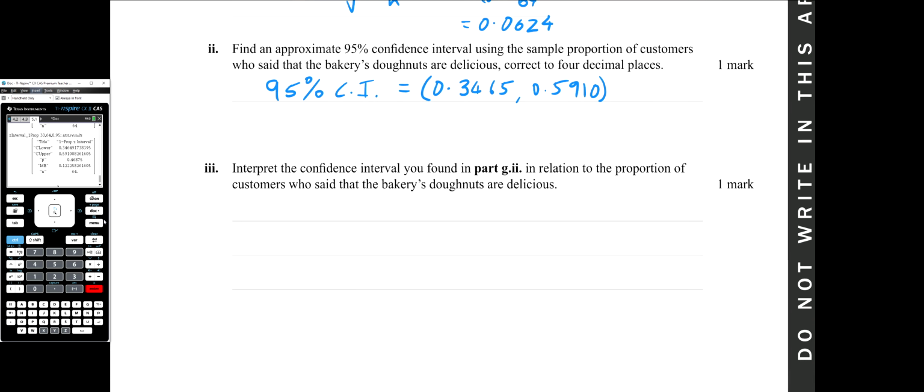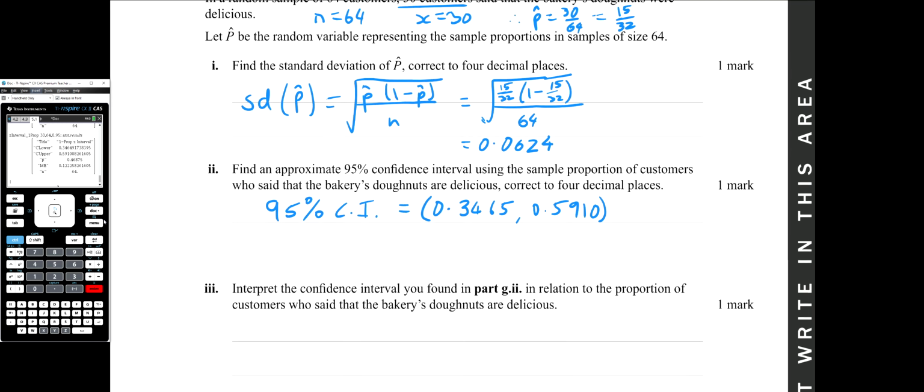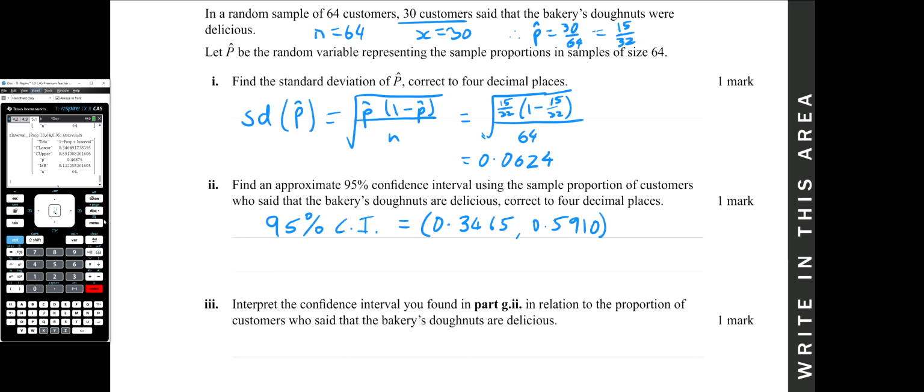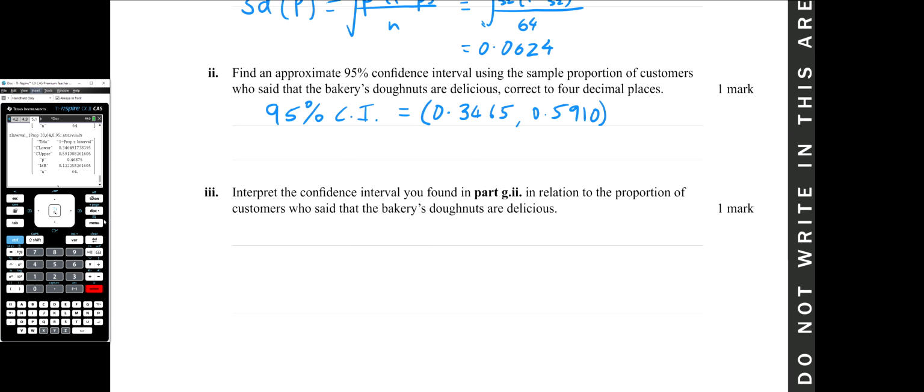Okay, interpret the confidence interval you found in part G, part 2, in relation to the proportion of customers who said that the bakery's donuts are delicious. So we have to interpret this confidence interval.